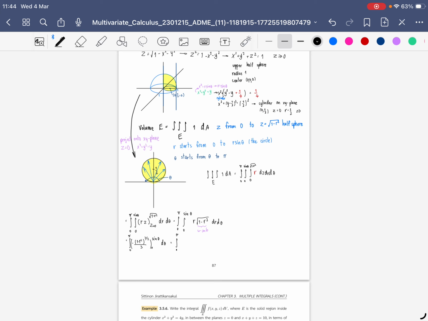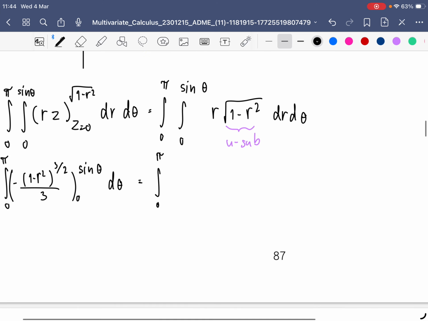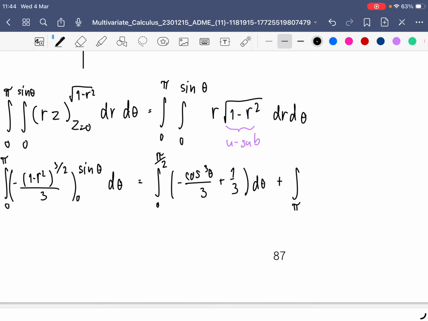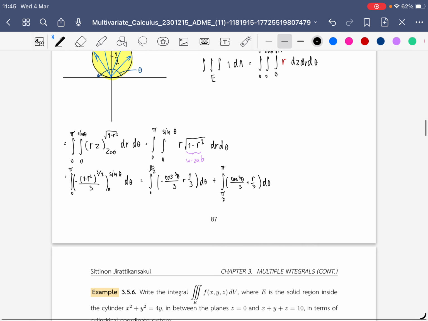Because when you substitute sine theta here, you get 1 minus sine square, which is cos square. And when you take the square root of cos square, you get the absolute value of cos. So you have to split this into two, because your theta starts from 0 to pi. From 0 to pi over 2, absolute cos is cos. From pi over 2 to pi, you get negative cos.